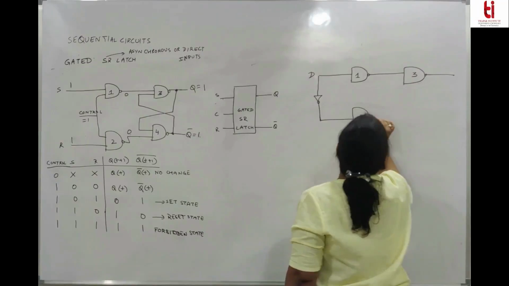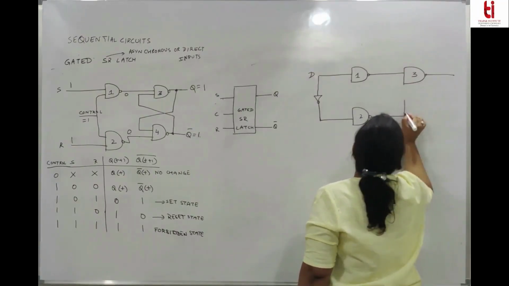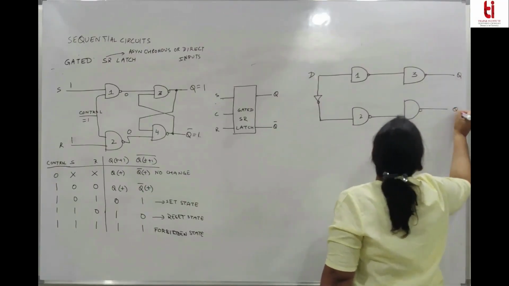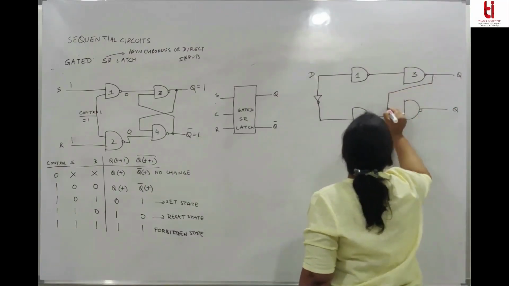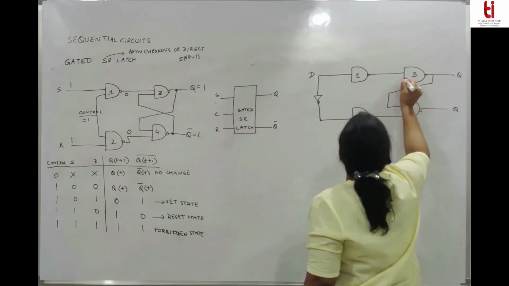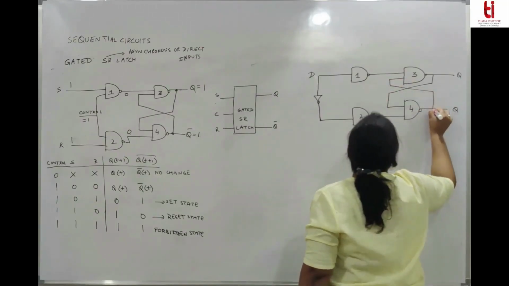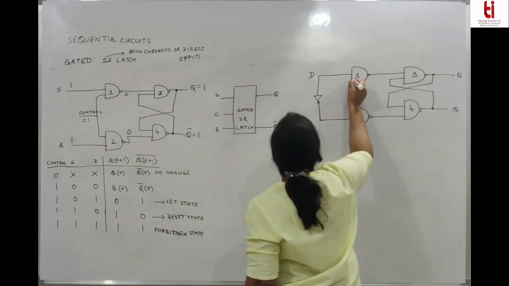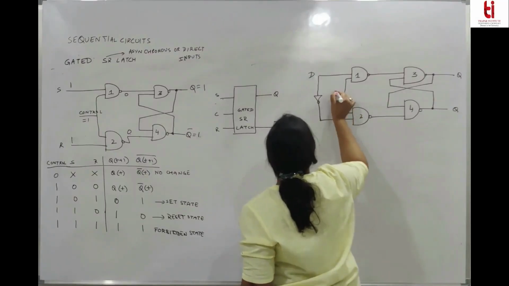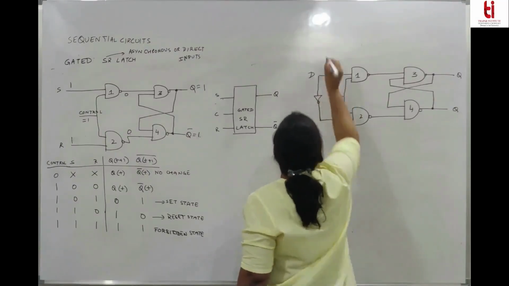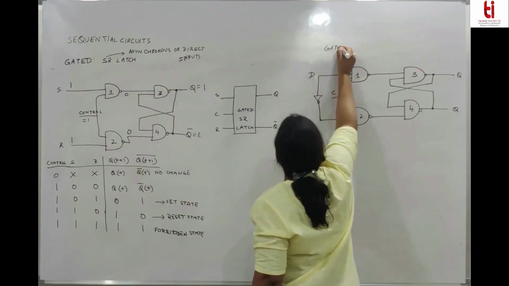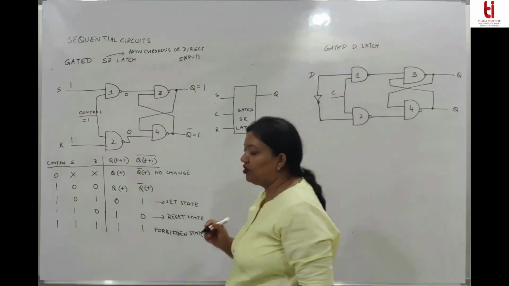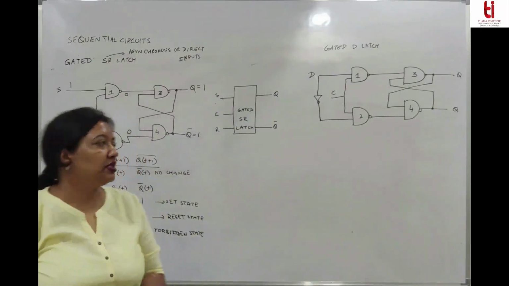This is 2. This output is fed as an input to this one, and here we have a control signal. So this is a gated D latch where we are able to remove the problem of the forbidden state.